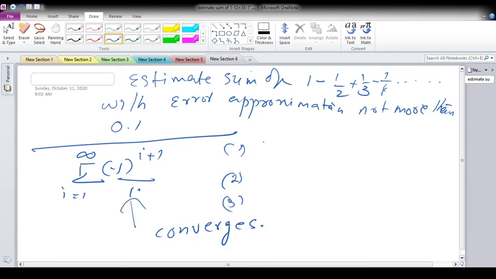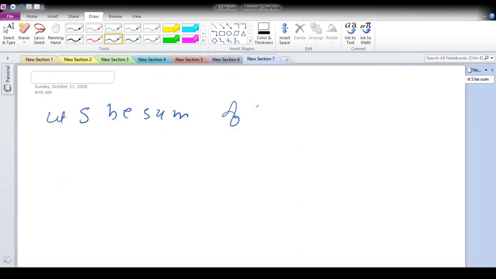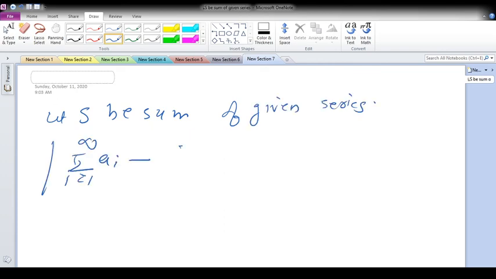Let me take S as the sum of the given series. So we can write the series summation i equal to 1 to infinity a_i minus summation i equal to 1 to n a_i. S, the sum, means our series converges to S, and S_n is the sum of the finite terms.